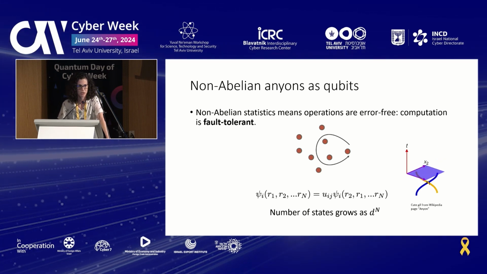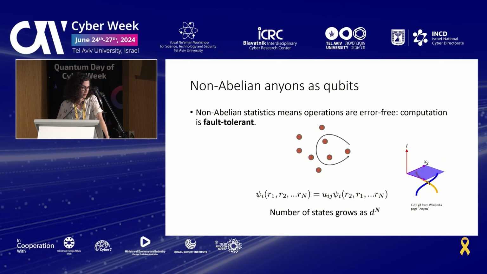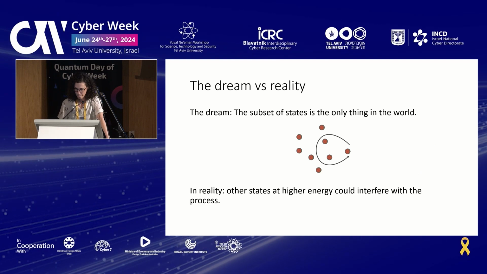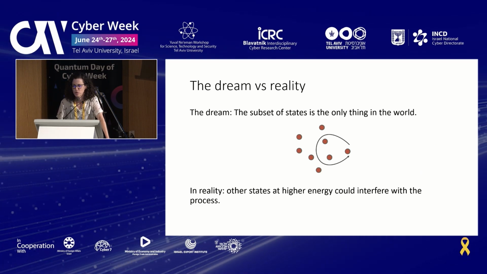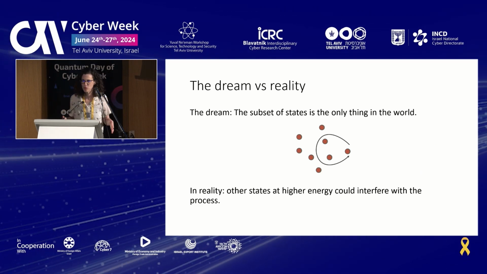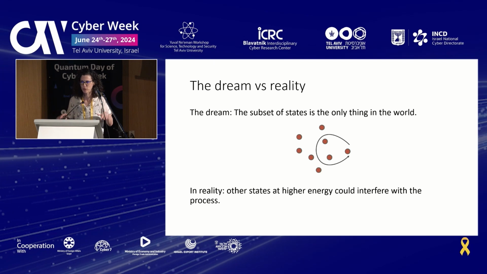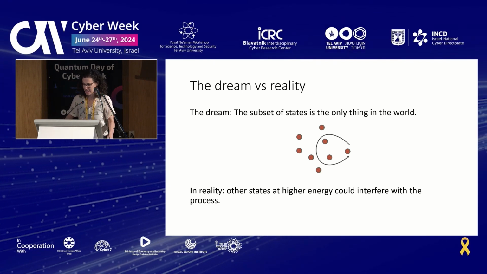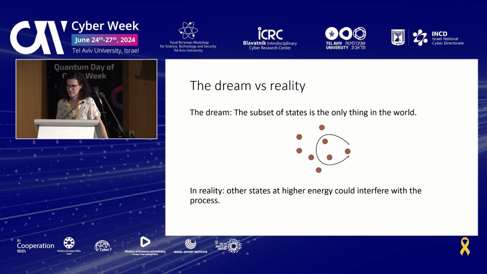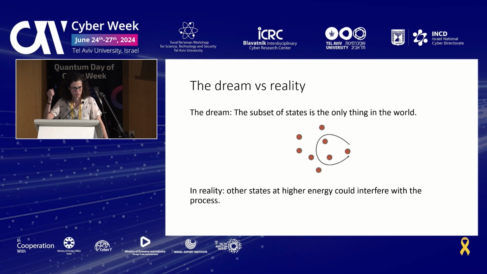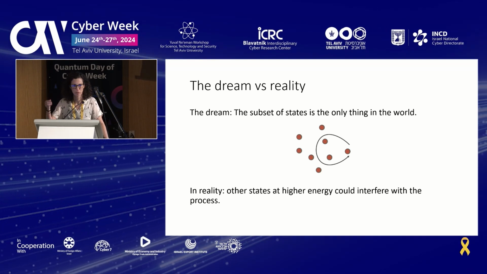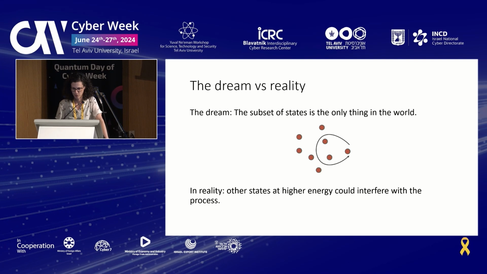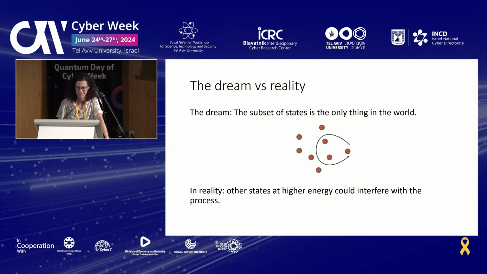So you have the possibility of having many, many quantum states. So this is the dream. The dream is to have this subset of quantum states with a collection of particles. And this is the only thing that exists in the world, and therefore your quantum computation or your quantum bit is protected from errors. But what happens in reality?